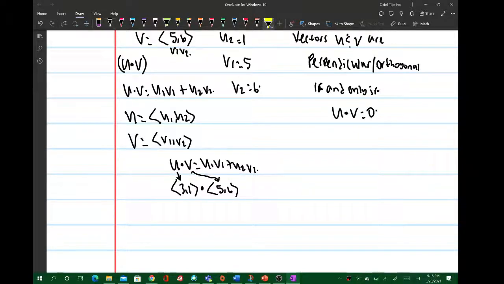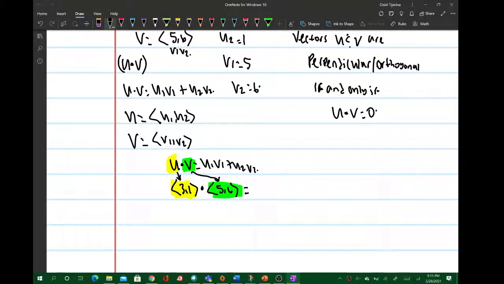Okay, so let me color code this. This is vector u, and this is vector v, right? And yes, I'm going very slowly on this because I don't want to go too fast with this problem.